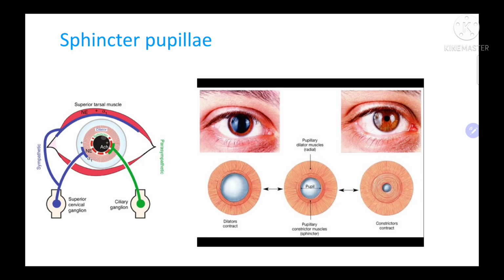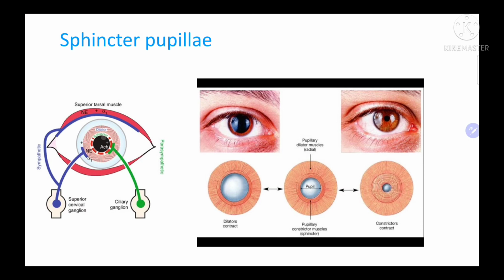So we have the sphincter pupillae. This is a part in the eyeball that serves to regulate the amount of light that reaches the retina. It's smooth muscle, and depending on the quantity of light, it's going to close or open.